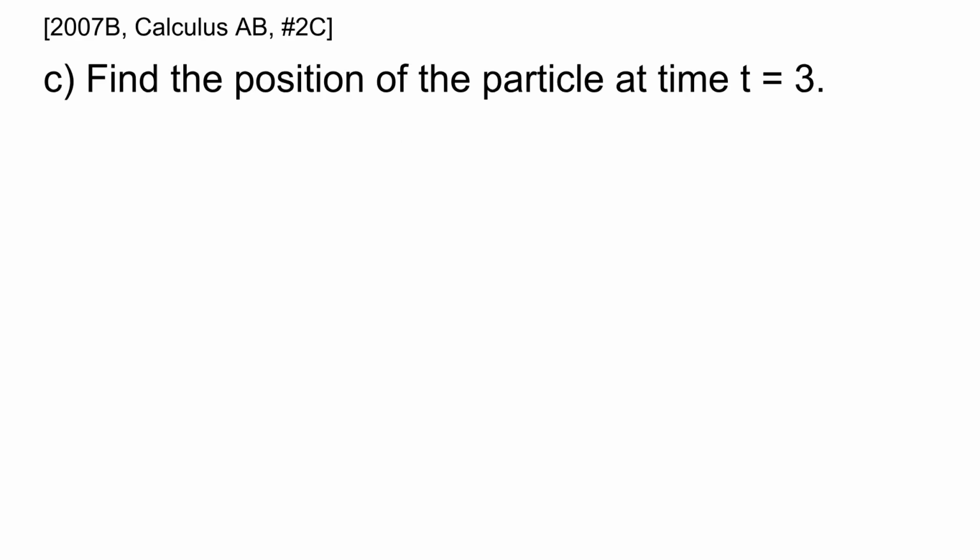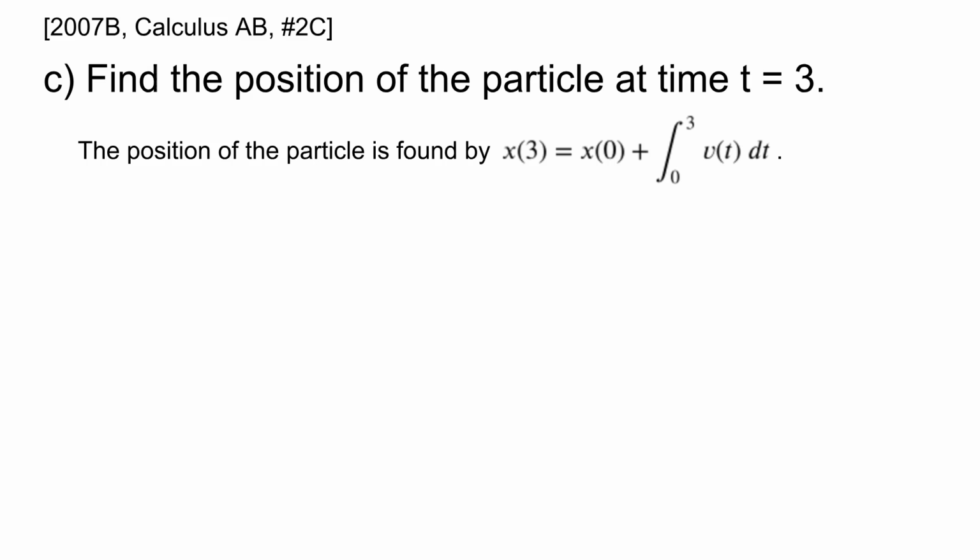In part C of this question, we are asked to find the position of the particle at time t equals 3. The position of the particle can be found by using the equation x of 3 equals x of 0 plus the integral from 0 to 3 of v of t dt.